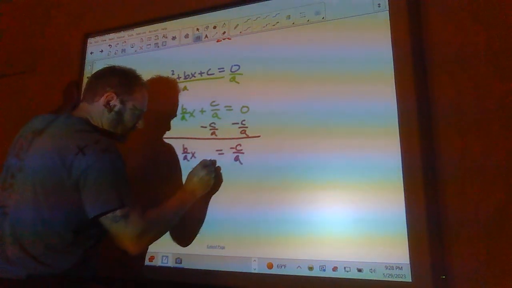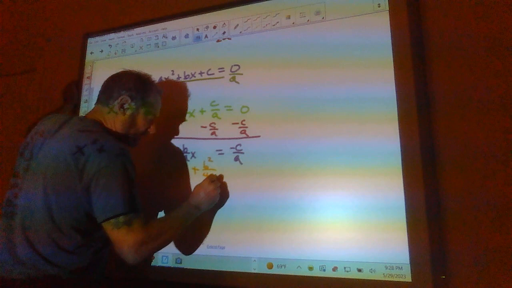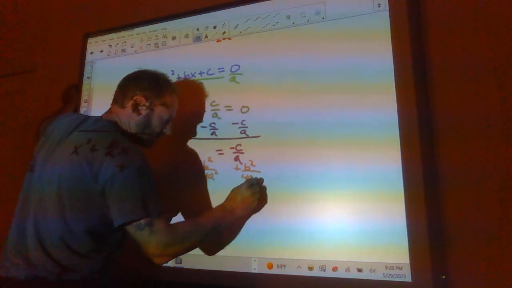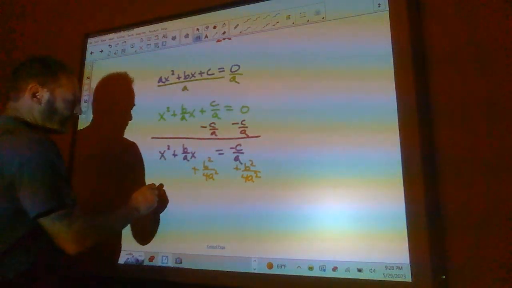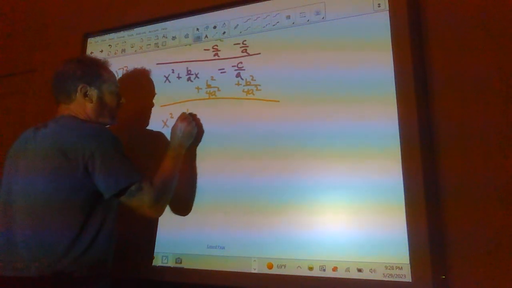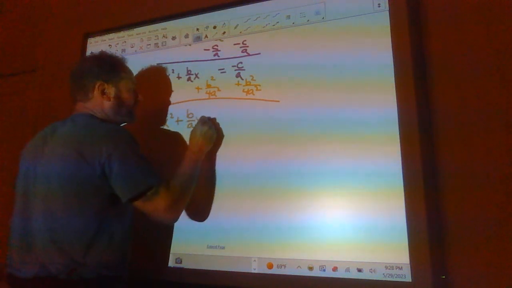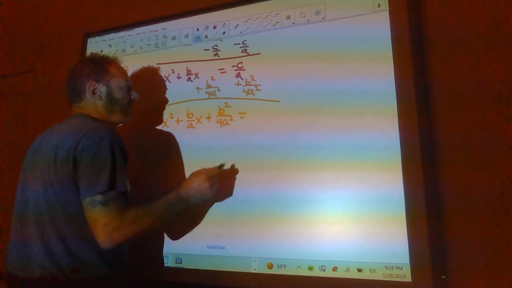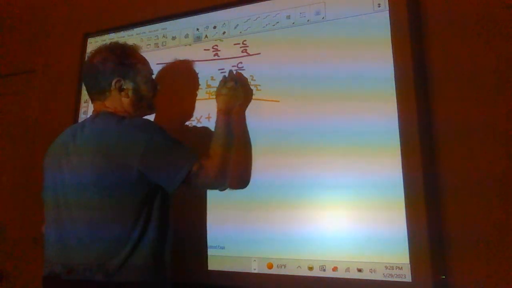Plus b squared over 4a squared. So over here I'm going to get x squared plus b over a x plus b squared over 4a squared is going to equal these two things added together.